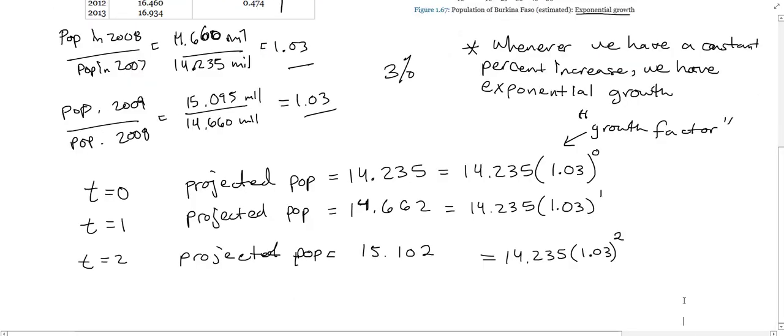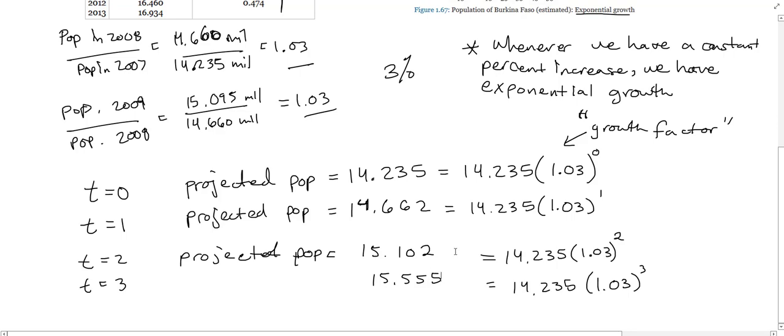Let's just do one more, just to have it here in our values. When t is 3, the projected population would be 14.235 times that growth factor 3 times, so to the third power, and that would give us 15.555.